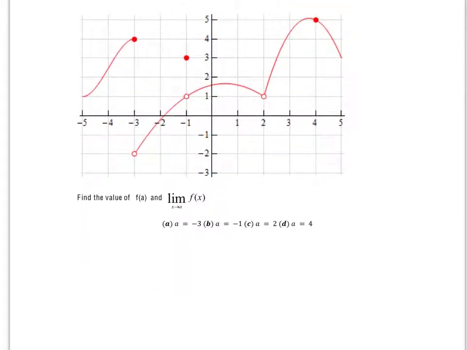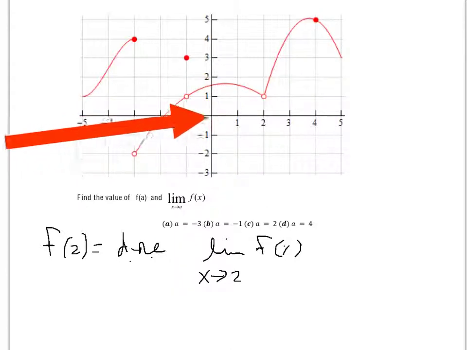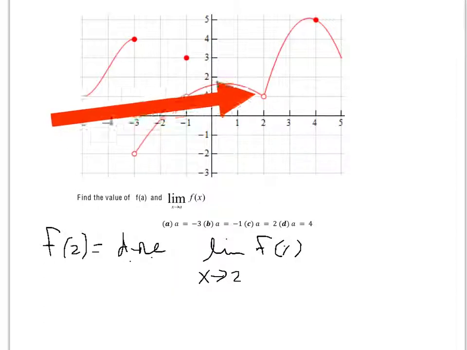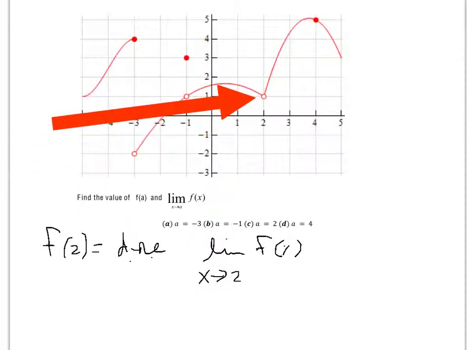f of 2. Alright, what's f of 2? Oh, look at that. It does not exist. There is no value. There's a hole right there at f of 2, so it does not exist. What's the limit, though, as x approaches 2? Well, as I get closer to 2 from the left, the value of y gets closer and closer to 1.